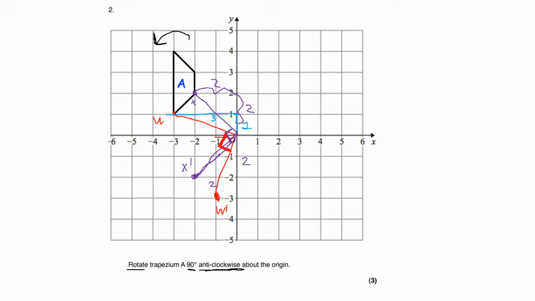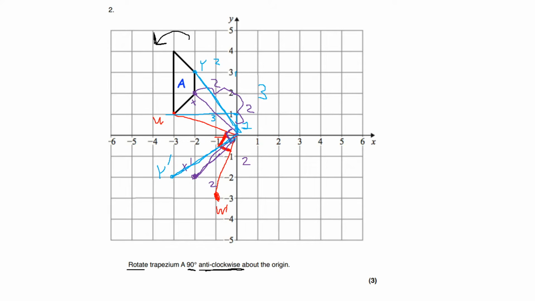The same thing works for this point Y. We need to draw a 2 by 3 line here. Okay. And also, we need to draw a 3 by 2 line here. And so therefore this is Y prime.